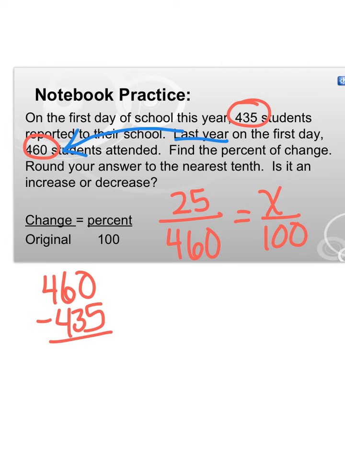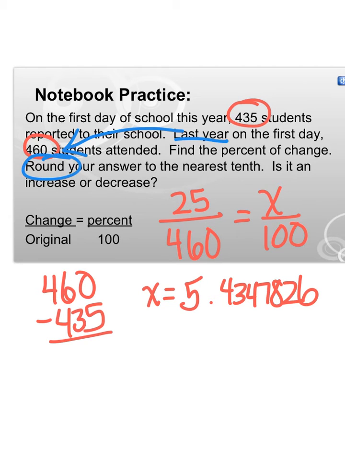When you take 25 times 100 and you divide by 460, you are going to get, again, a not so nice decimal: 5.4347826. But I did ask you to round it to the nearest tenth, so I'm going to put my cut line in.